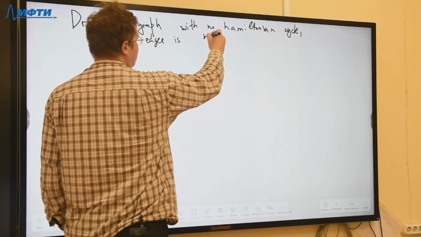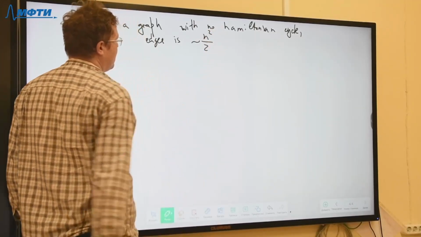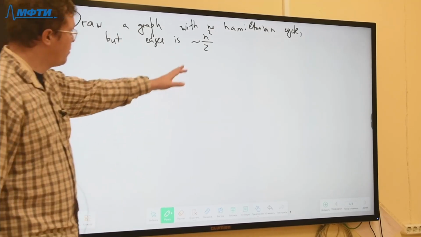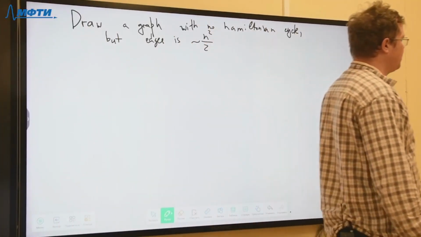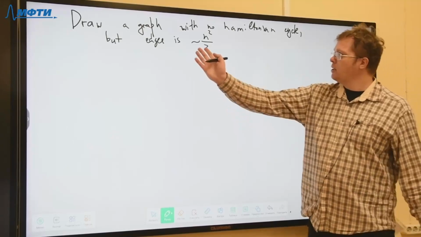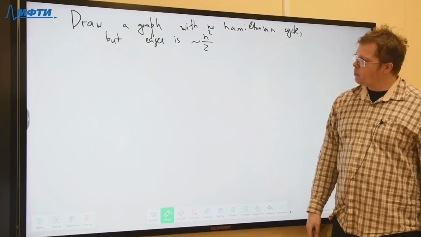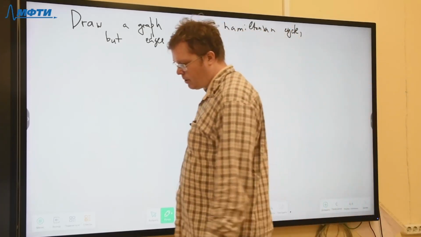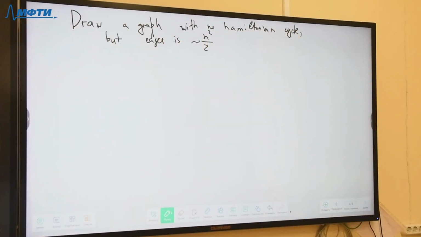So it's similar to the number of edges in the complete graph. In a complete graph we have n times n minus 1 over 2. So could you provide an example where we have a similar number to this, but which has no Hamiltonian cycle?